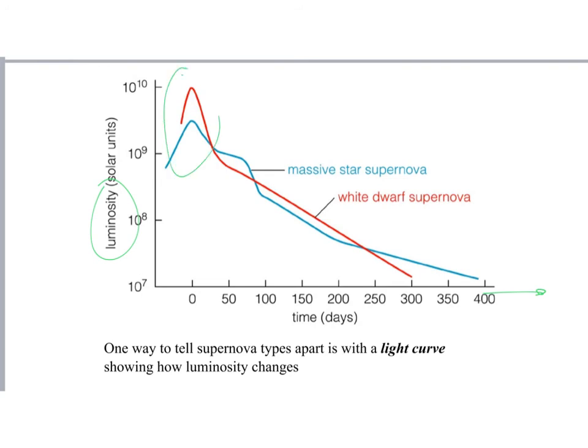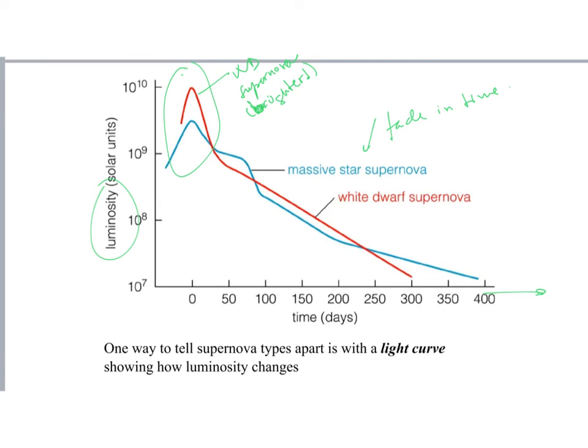At the beginning, they are pretty luminous and they fade in time, but their fading is different, and also the white dwarf supernova is usually brighter than the core collapse or the massive star supernova.